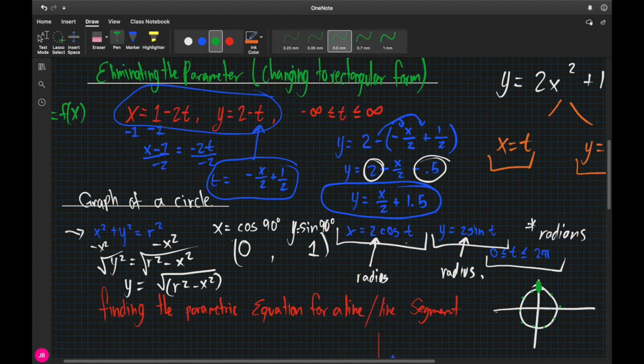But there are a couple things to take note of. First of all, this is going to be the radius, or we could call it the width, of the circle, and the y value is going to be the height of the circle.